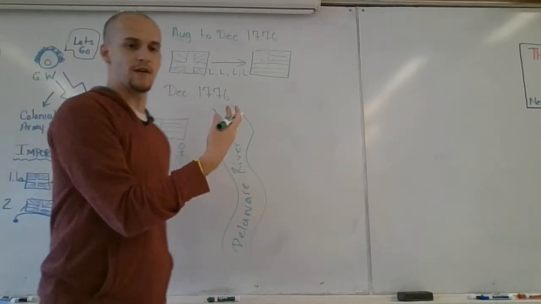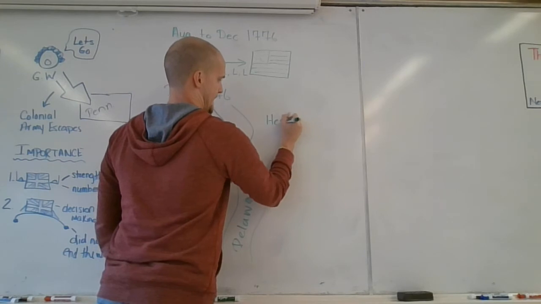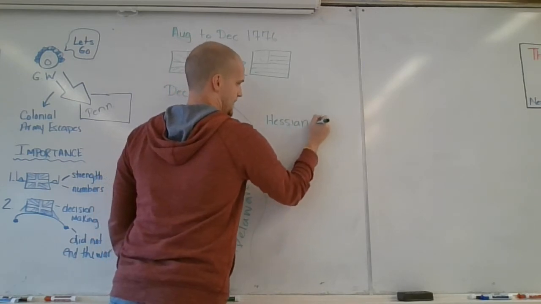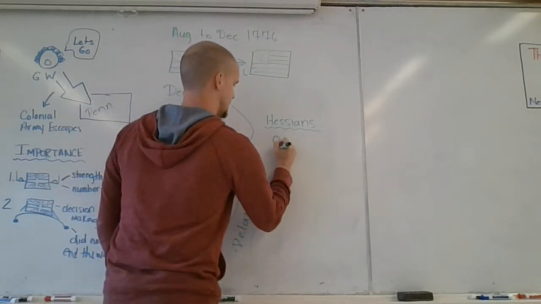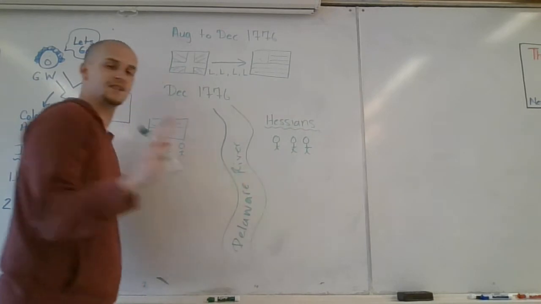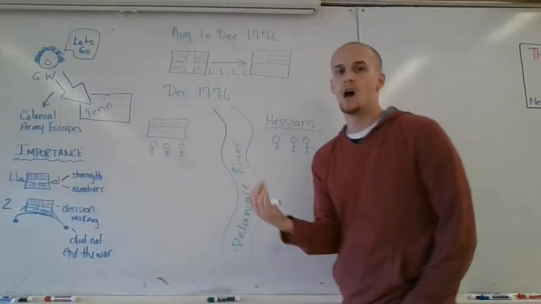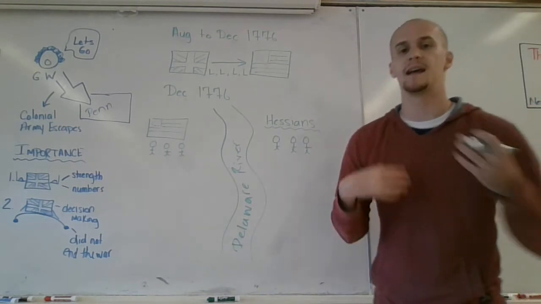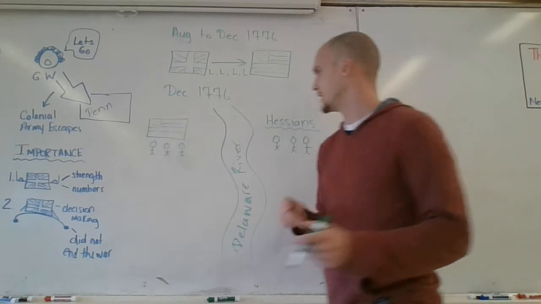And on this side, you have a group known as the Hessians. And this goes back to what we were talking about in the previous video. The strength of the colonial army is that they're excited and want to fight. They want freedom and independence.